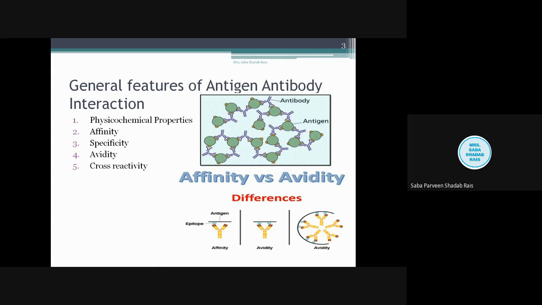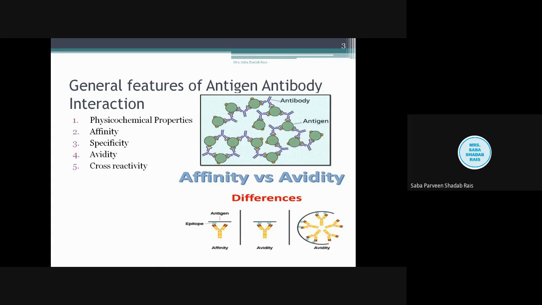That means one individual has produced immunity for one antigen. For example, we will take the example of COVID. One person is affected with the COVID alpha version, and thereafter that person's sera is given to another person who is affected with the beta.